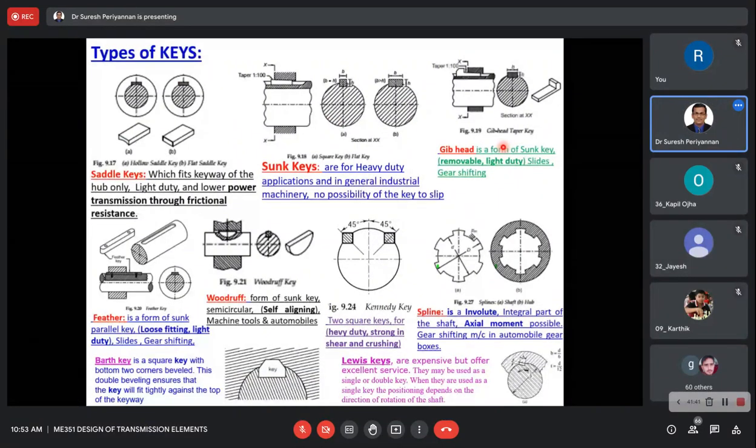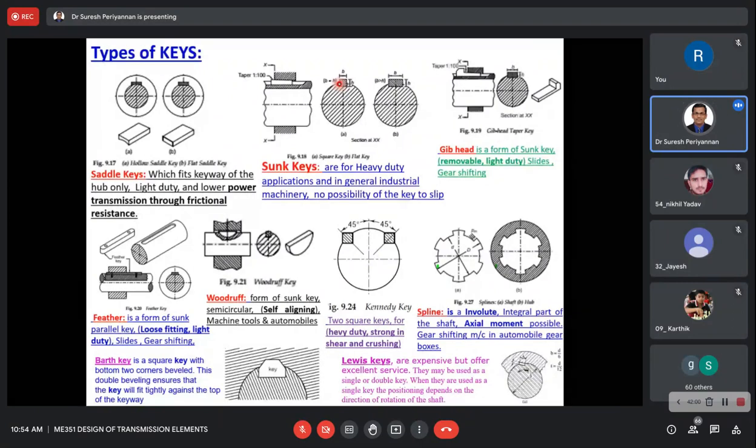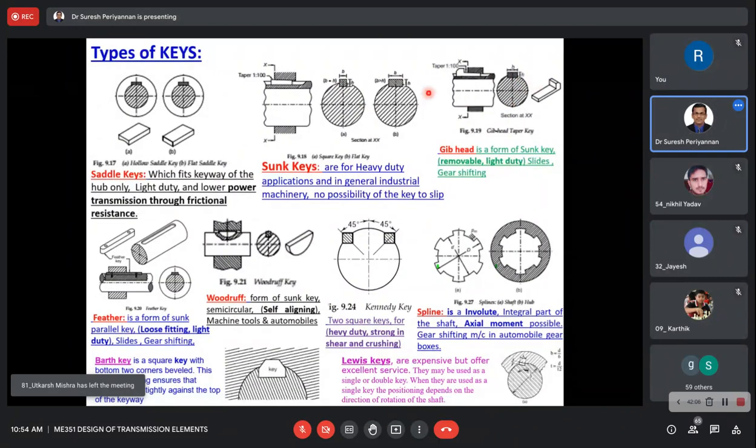Before going to the gib head key, I would like to give some more explanation about these keys. The square key and rectangular key are under the sunk key. The gib head key is also under the sunk key; only the design is like that.